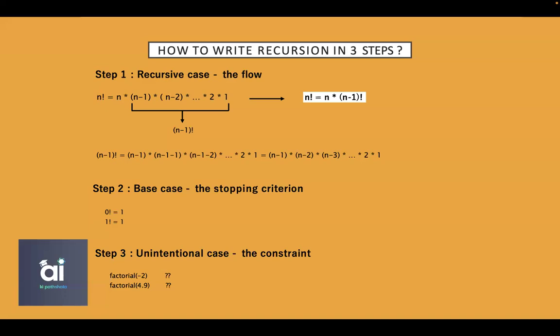This means that the function will reach a base case only if factorial n starts with a non-negative integer. From our definition of factorial, we know that it is calculated only for non-negative numbers. So if we run our function for, let's say, minus 2 and 4.9, what will happen?